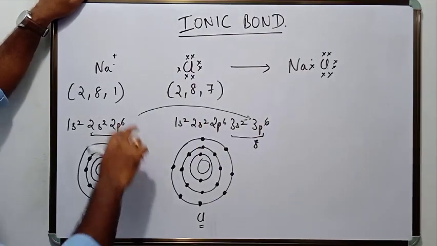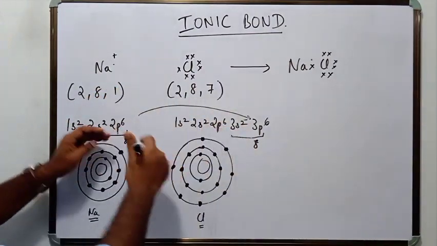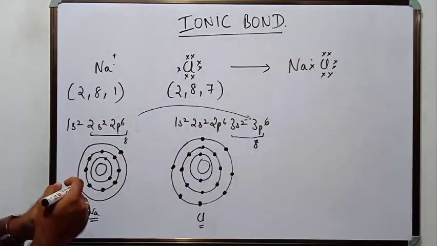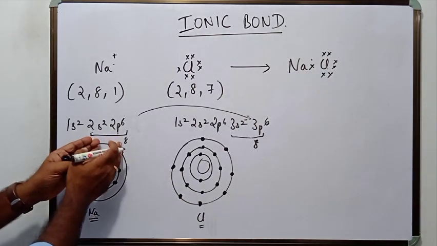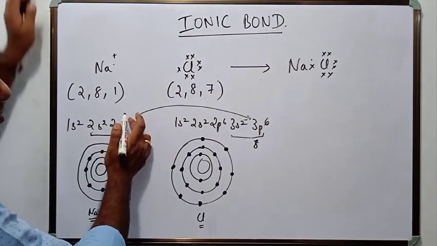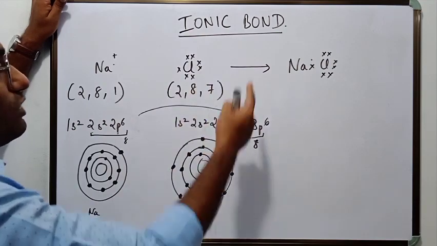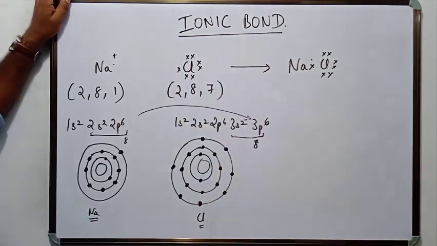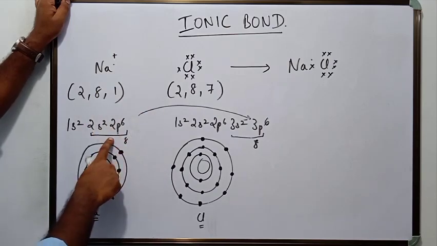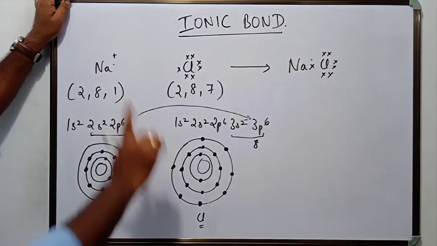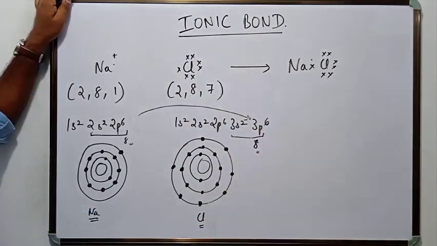After donating 1 electron, it can also be the donation of 1 or more electrons, in ionic bonds. After donation of 1 electron from the third orbit to the third orbit of the chlorine atom, sodium has attained inert configuration in the second orbit, and chlorine has attained inert configuration in the third orbit.